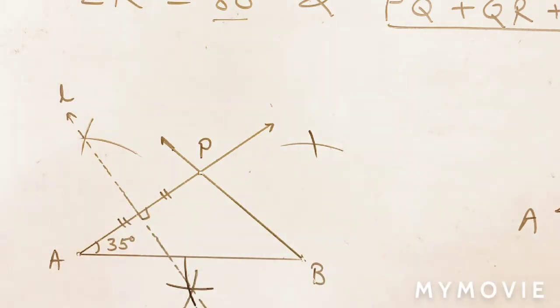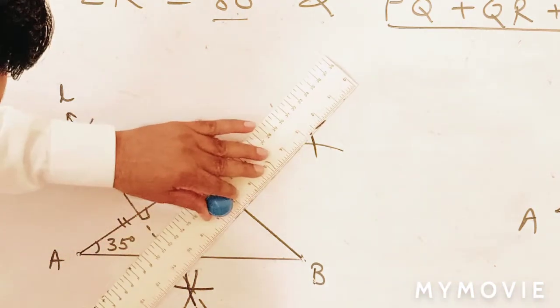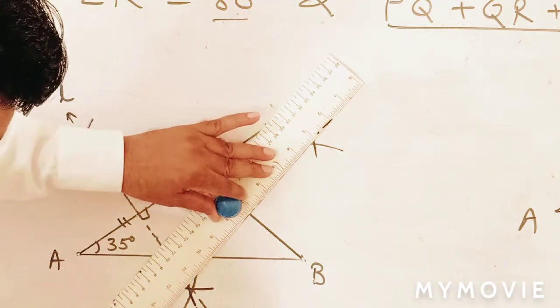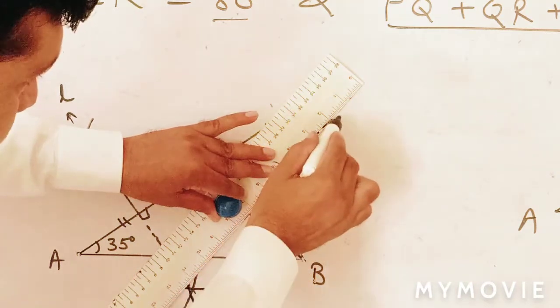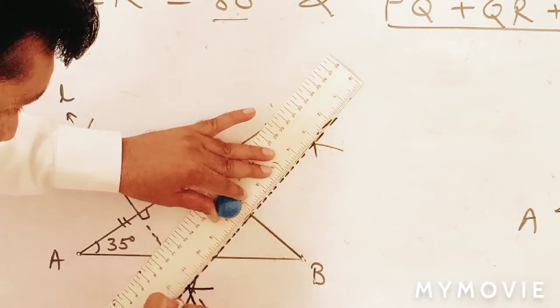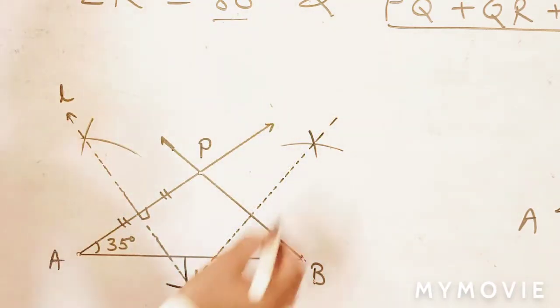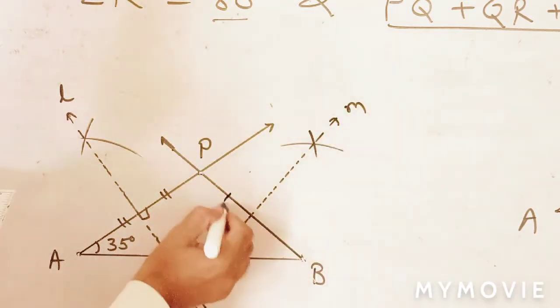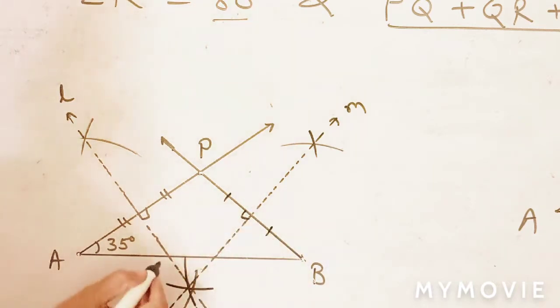Here we got a point and draw a line. This is the perpendicular bisector. Line M, here identical mark, perpendicular sign.